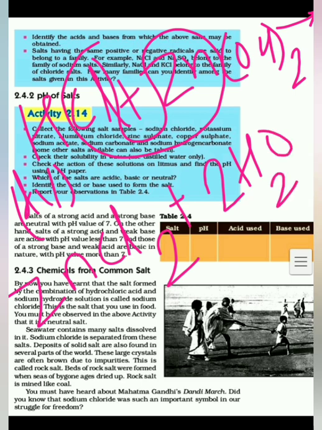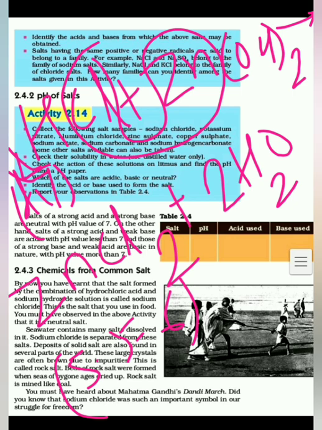To balance this reaction, we will write here 2HCl. So 2HCl plus Zn(OH)2 gives ZnCl2 plus 2H2O. This is a mild acidic salt having pH 5.5 to 6. Got it?